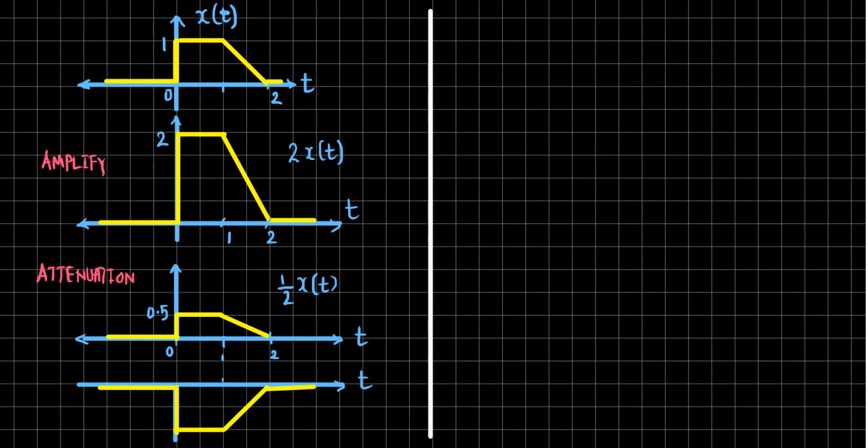The axis remains the same, 1, 2, and so on.